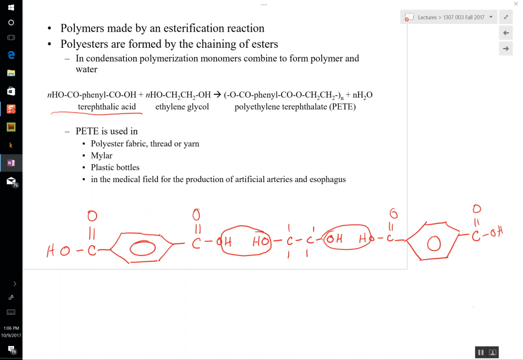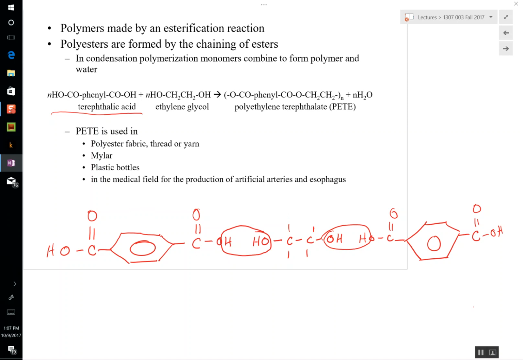It's made out of PETE, polyethylene terephthalate. We saw that in, where did we see that? Oh, in chapter 11, when we were looking at polymerization of alkenes. You can form these plastics. But here's another polymer, polyethylene terephthalate.